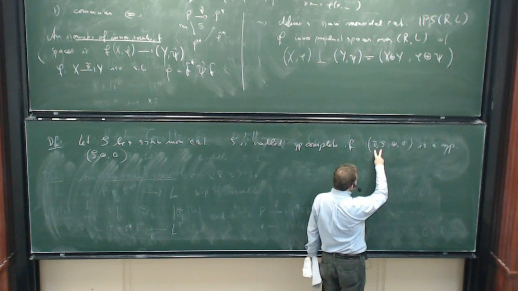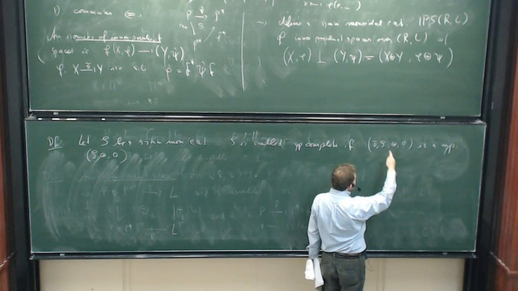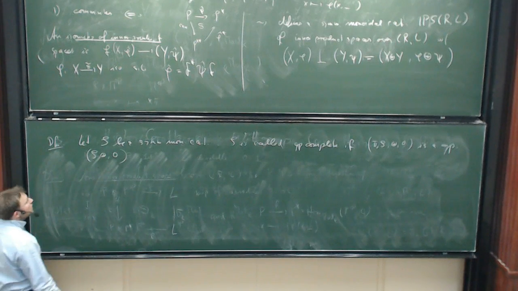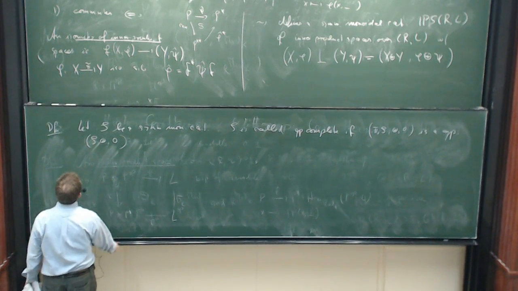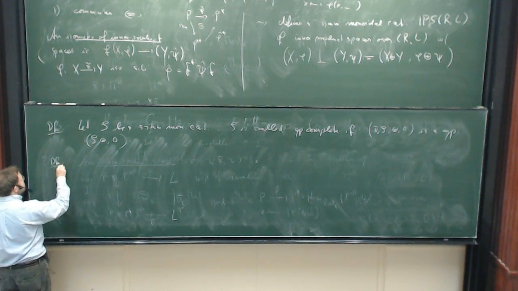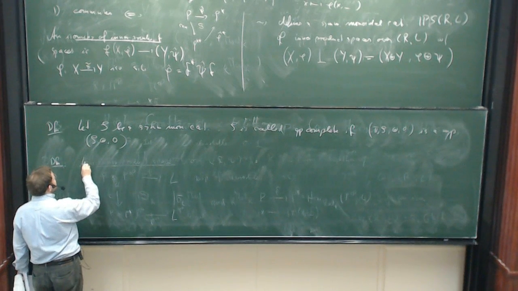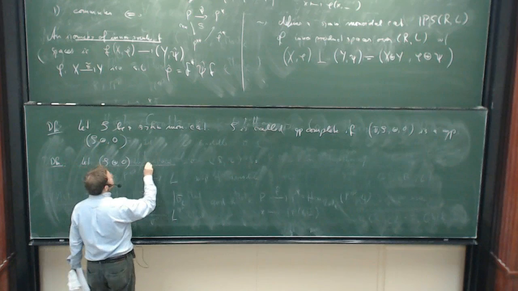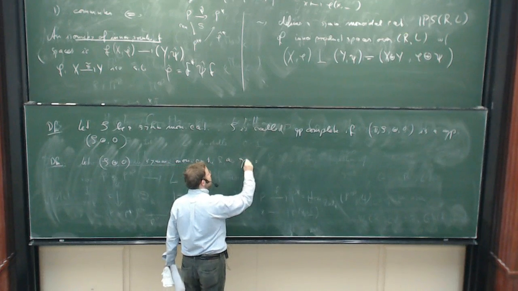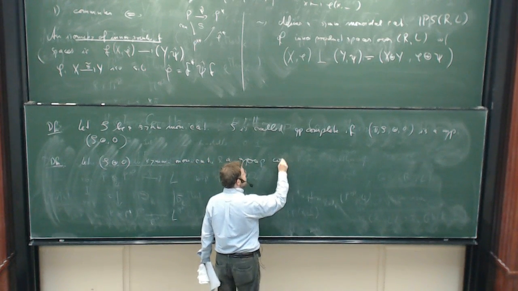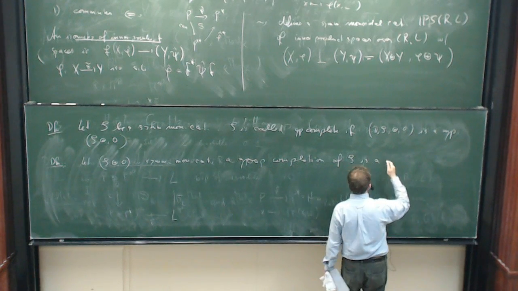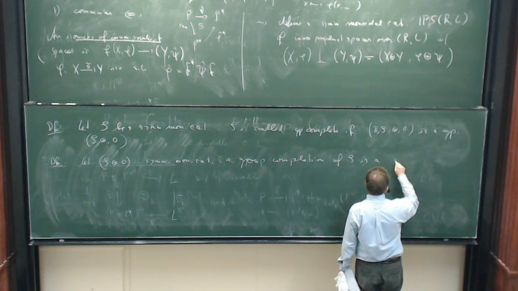Or alternatively, pi naught is just the equivalence classes of objects, where you declare two objects equivalent if there's an arrow between them, and that generates an equivalence relation. So this is what it means to be group complete. Now let S be any symmetric monoidal category, then a group completion of S is a symmetric monoidal category.